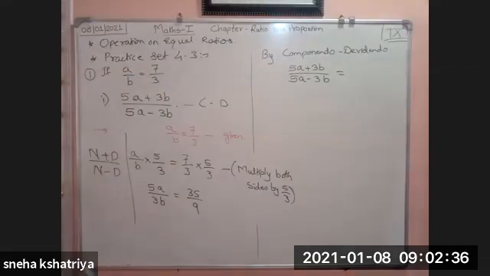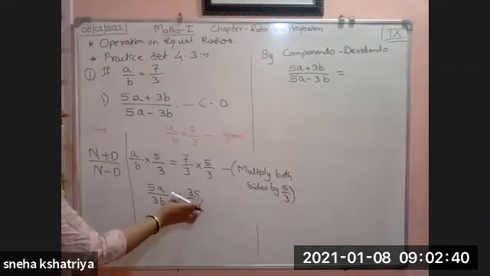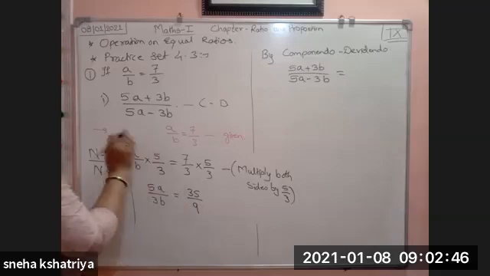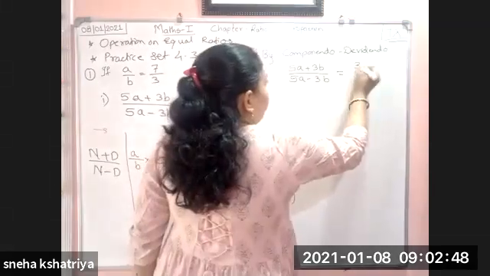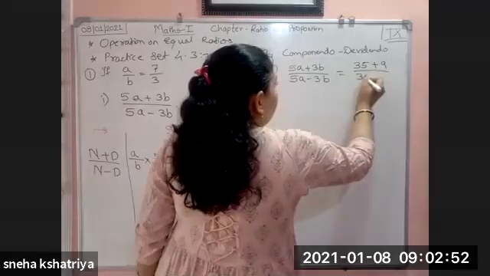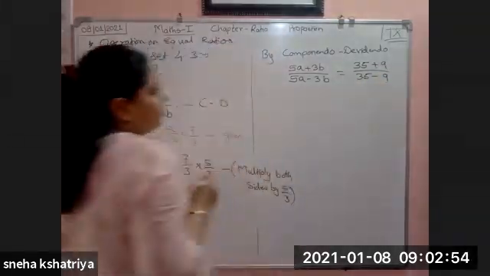Which is equal to, for the left hand side what we have done, the same thing we have to do to the right hand side: 35 plus 9 at the numerator, 35 minus 9 at the denominator.